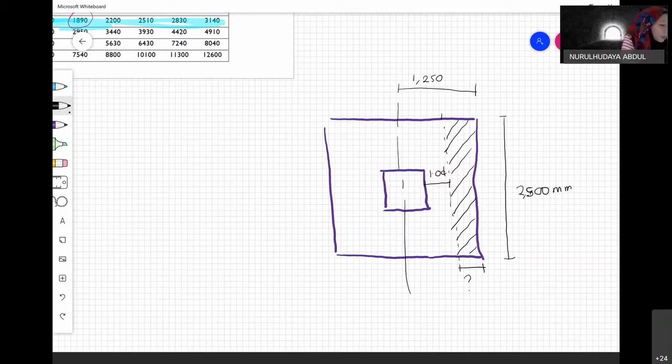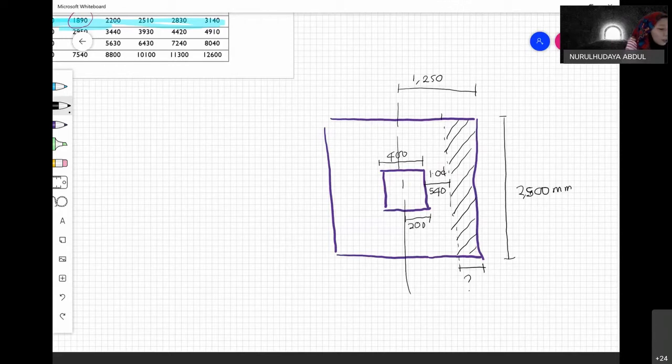And then this foundation's width is actually 400, so we can get 540. So 540 times 1 will be 540 also. Half of the column is 200.